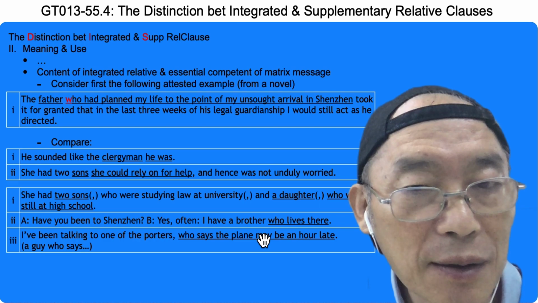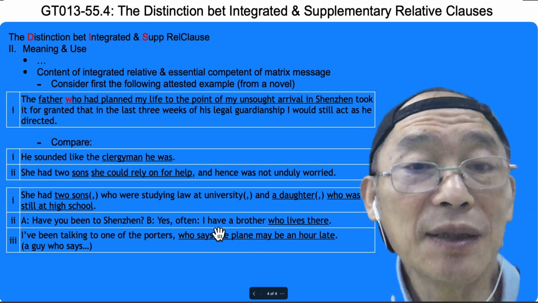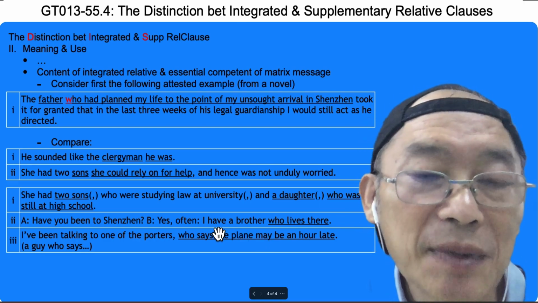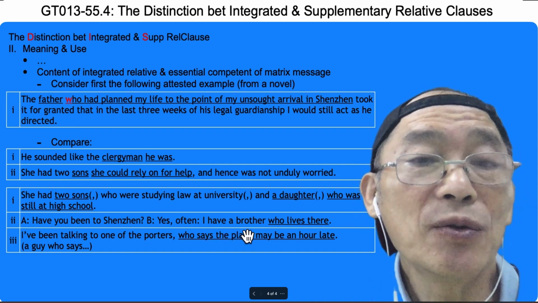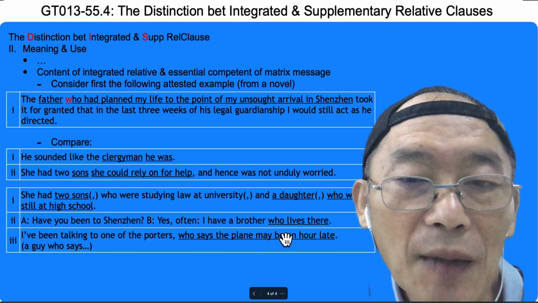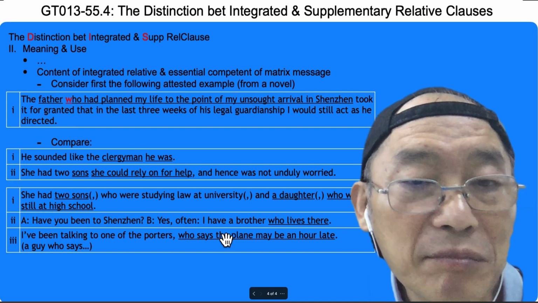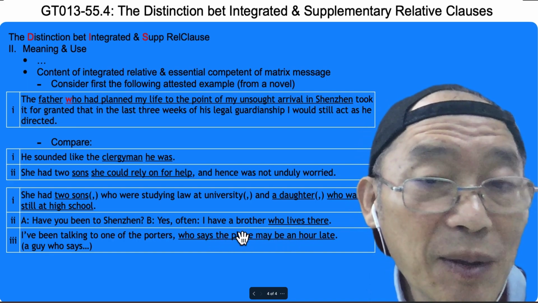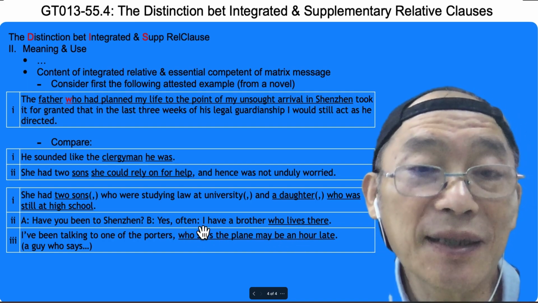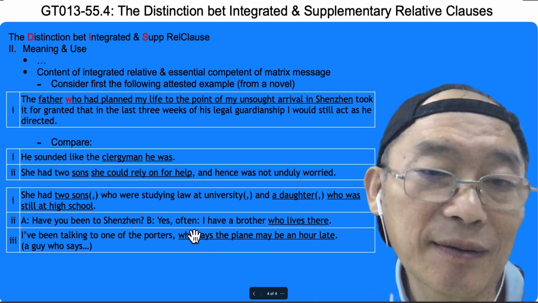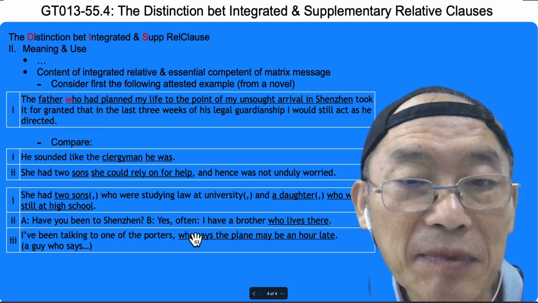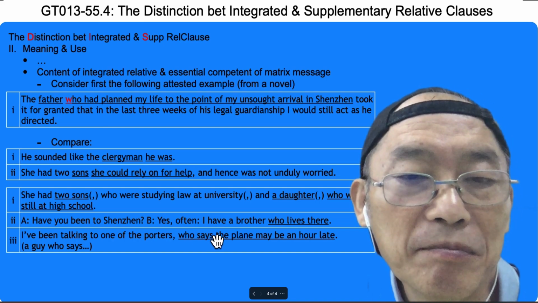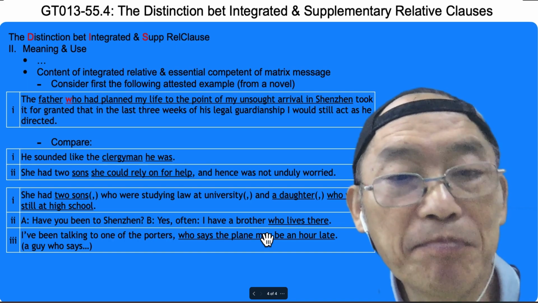The subordinate clause is giving a reason. It's supplementary, giving a reason. Who lives there, we can just speak it as supplementary. The often is like a matrix clause, and use a comma.